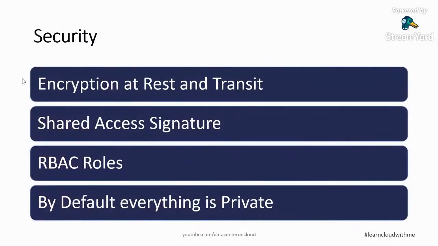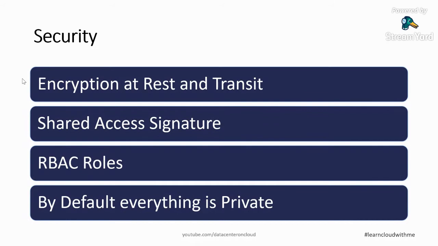Now security for each and everything, because all those four services which I explained are covered under a single storage account. Everything is encrypted at rest and in transit, and we can even use our own key management service to access all these things. Shared access signature is something you use if you want to provide access for a limited time and with limited authorization, whether that user will have read-only or read and write access, and only for files or queues or only for blobs.